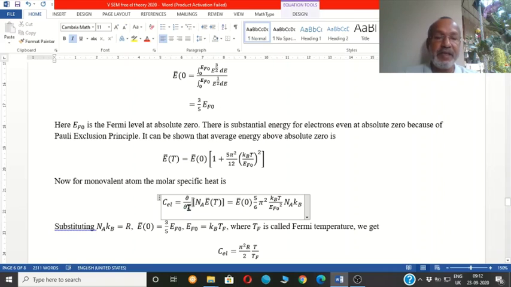And specific heat is delta E by delta T, where E is the total energy. So total energy will be average energy into total number of electrons, and we are taking 1 mole. So Na is the Avogadro number. So this is the total energy.